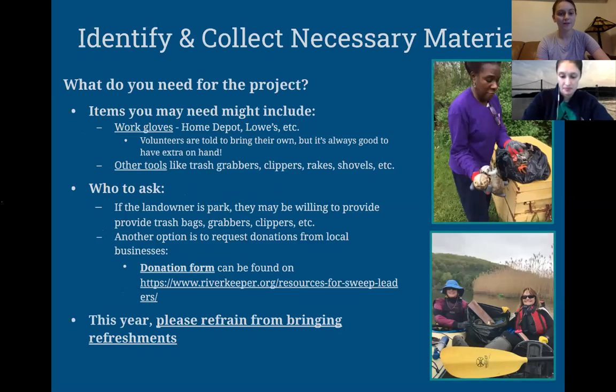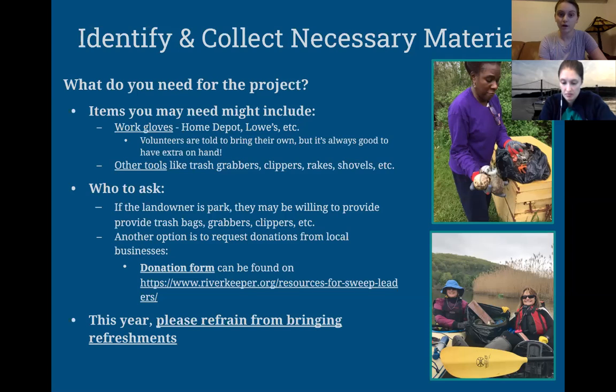Okay, so the next step is to collect and identify necessary materials for your project. So there are some very typical items that you might need, including work gloves and trash grabbers, shovels, things like that. And volunteers are encouraged to bring these items if they have them, but it may be a good idea for your project to have extra tools on hand.